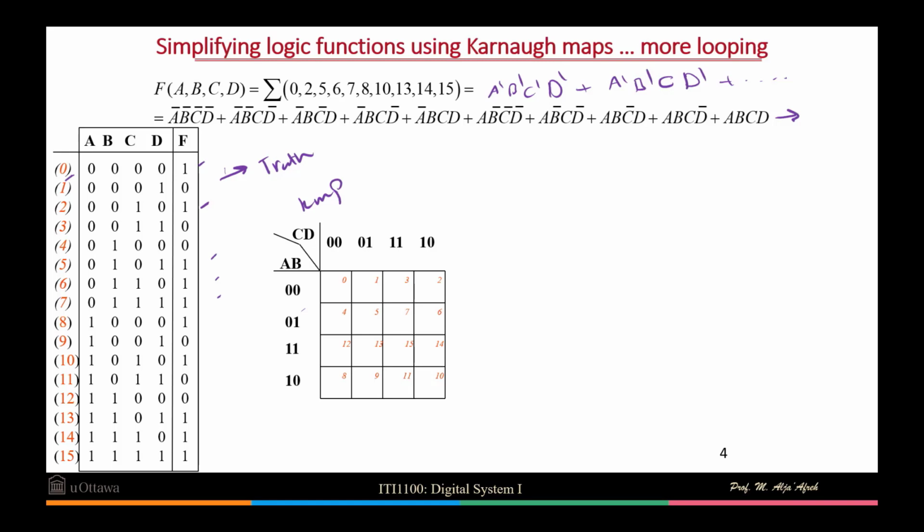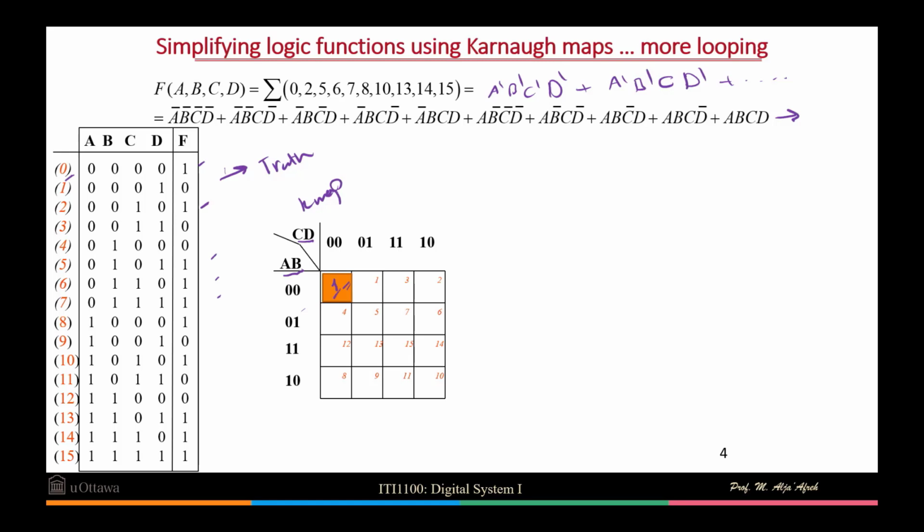So K map. Please pay attention that I used AB to indicate the row and CD to indicate the column. So 0, 0, 0, 0 will give me the cell for minterm 0. At minterm 0, I'm gonna place 1. Then I have 1 at minterm 2, so I'm gonna place 1.